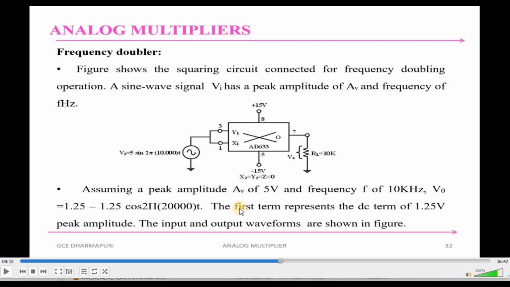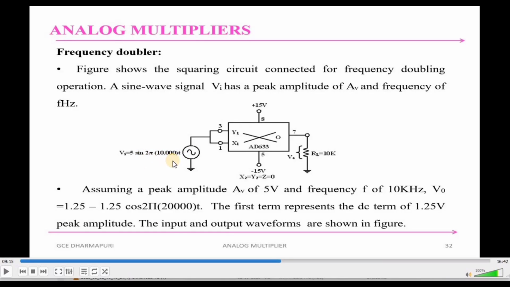Next is the frequency doubler. You can see here I have given the input to the squaring circuit, a sine wave of 5 sine 2 pi into 10,000 t.